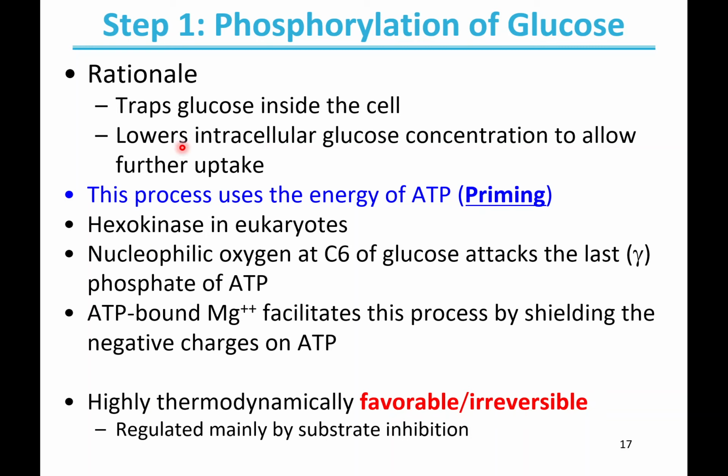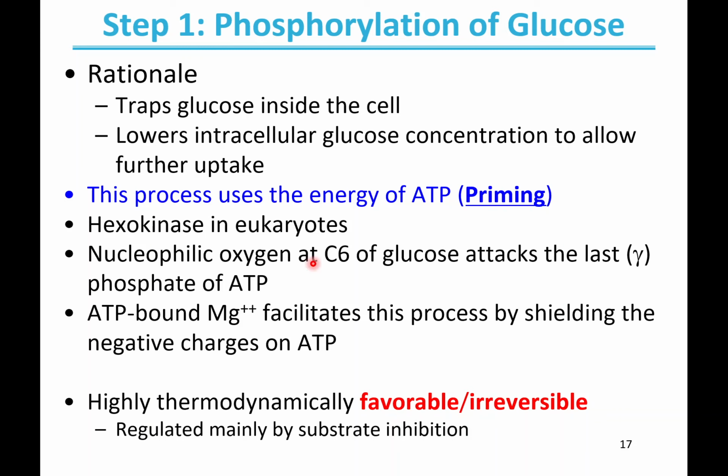So in a sense, you're lowering the concentration of glucose inside the cell, which allows further uptake of glucose. Okay, so that would be the rationale behind it. Okay, the process, again, uses energy in the form of ATP. You can think of this as a priming step.